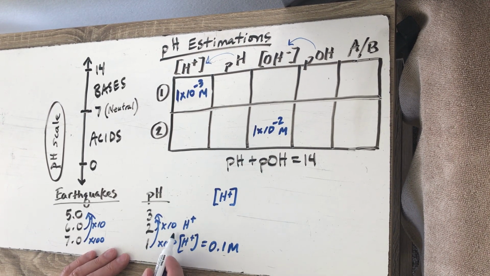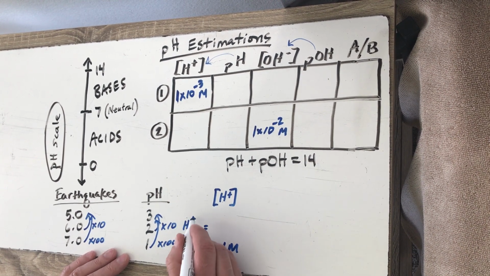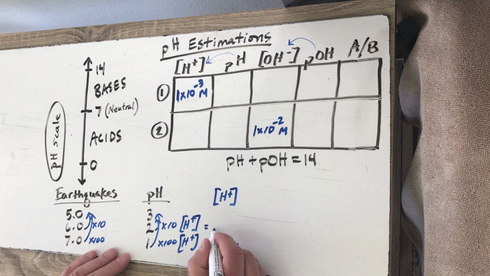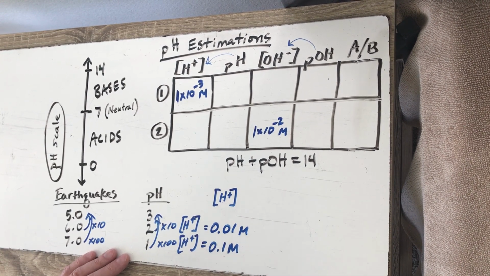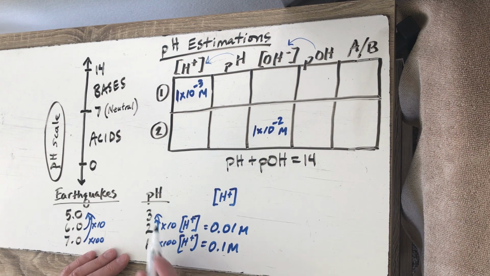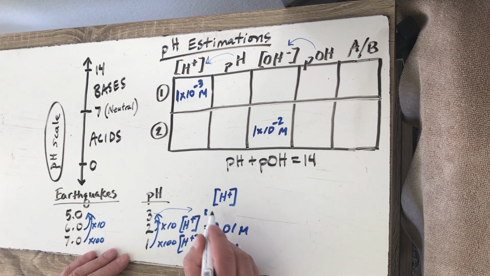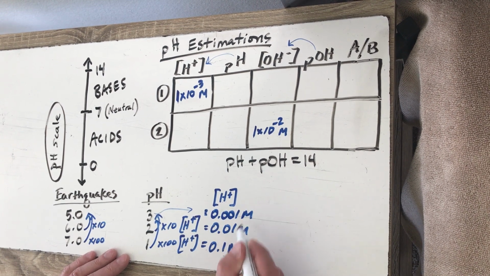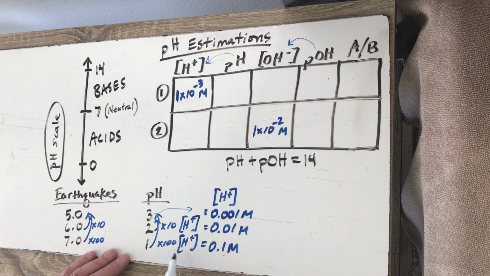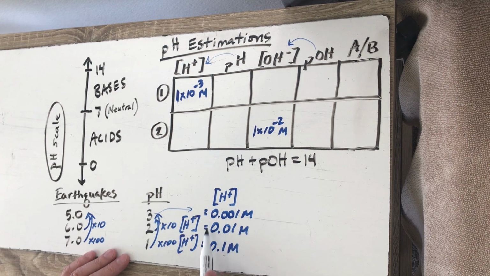This right here, a pH of 2, means it has a hydrogen molarity of 0.01 molar. Okay, now you're going to start to pick up on a pattern here. A pH of 3 means it has a hydrogen molarity of 0.001 molar. Now you notice that each time we go up 1 unit, we get 10 times smaller here.